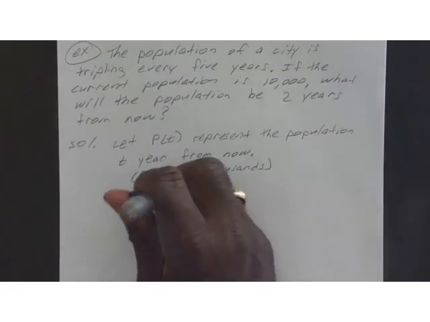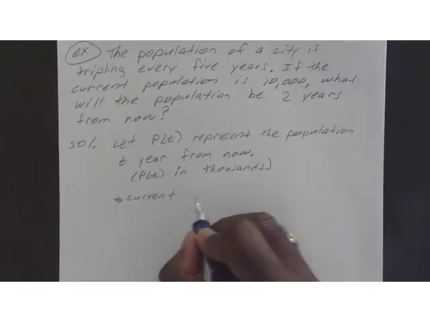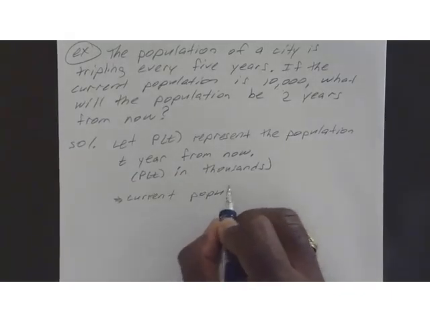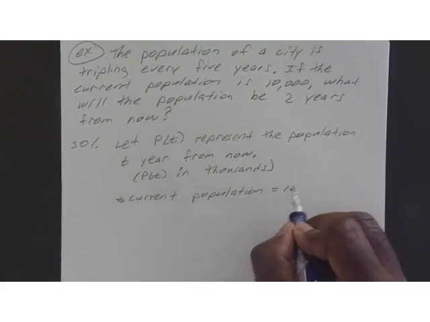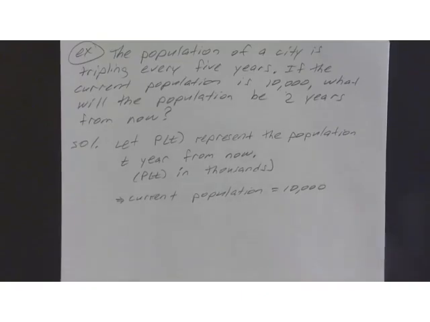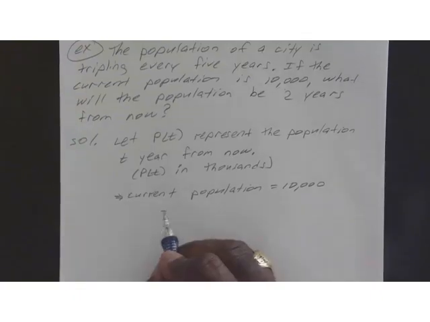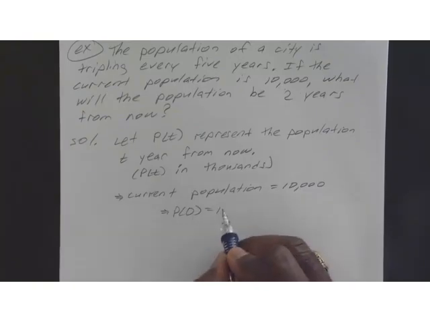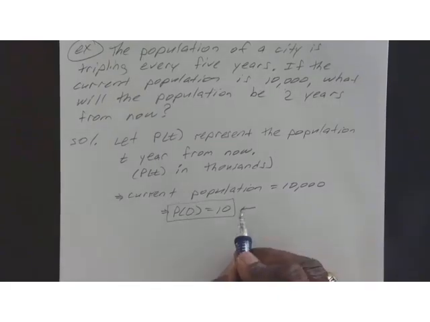Current population is 10,000 people. That means we know that P of 0 is equal to 10,000, or just 10, because remember, that represents 10,000.